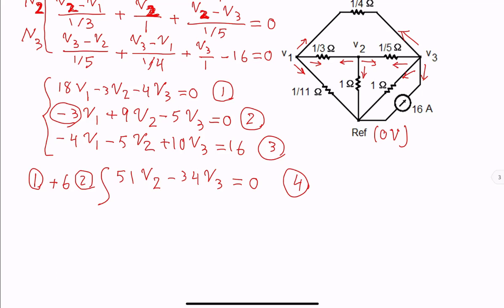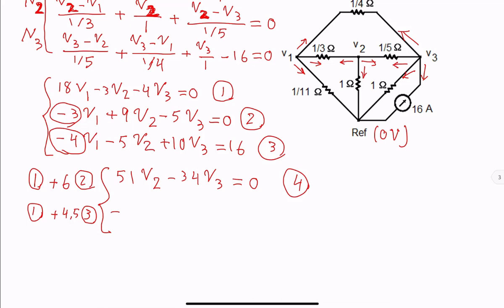And let's change that negative 4 to 18 and add that equation to the first equation. So we need to multiply 4 by 4.5. That gives us negative 18. So take equation 1 and add to it 4.5 times equation 3.